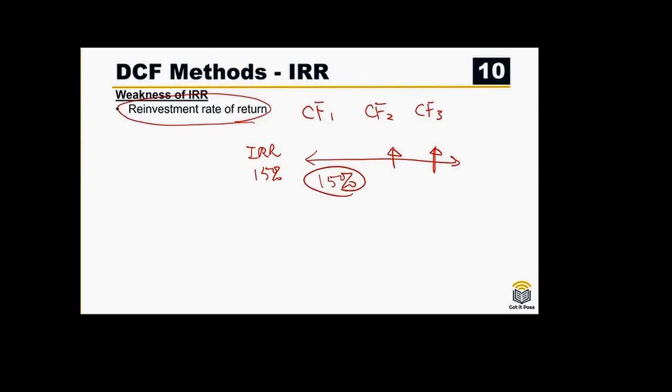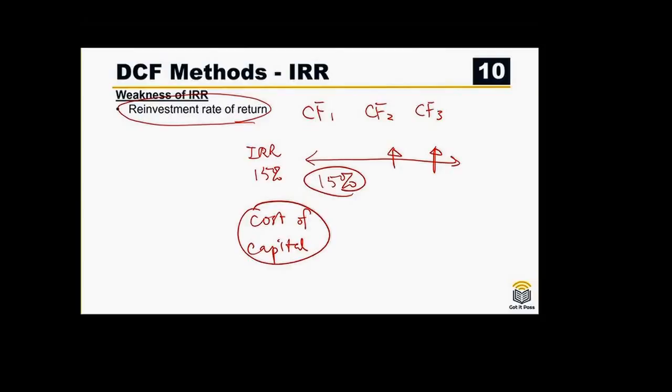But with NPV, it is the cost of capital, the company's cost of capital. So the reinvestment rate is based on the cost of capital, which is the company's required rate of return.